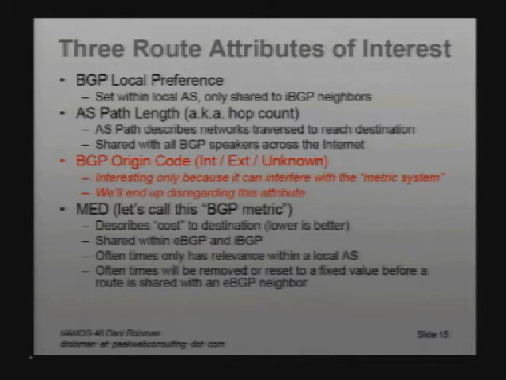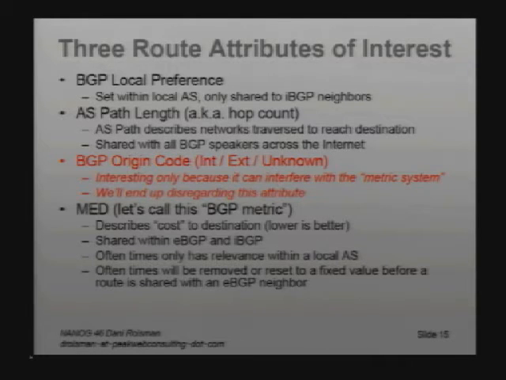And then here's where all the money is. It's called the MED. It used to be called the MED when it was created. I call it the BGP metric. Many implementations call it simply metric. This describes something that's called the cost to the destination. So it's a cost-based metric. Lower is better. It can be shared with eBGP and iBGP. Oftentimes, it really only has relevance within an AS because there isn't any standard.